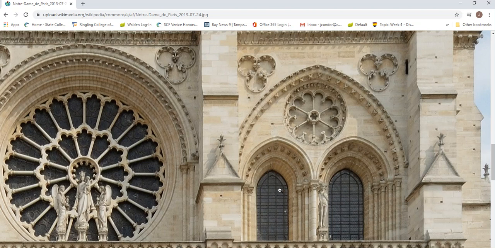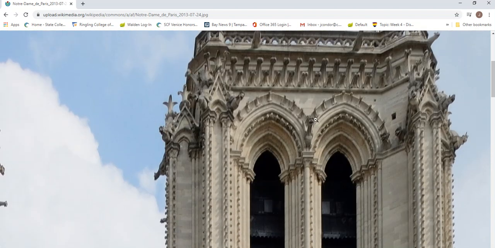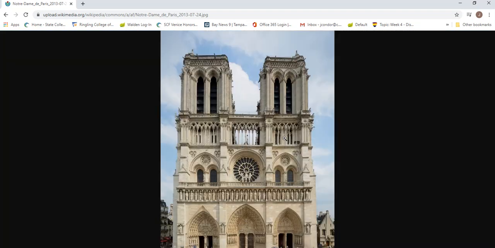Again, the stained glass windows are supported by these circular design patterns, and same with the trefoils and so on. Lots and lots of detail. If you ever get a chance to go into any of these churches or monasteries or basilicas, it's well worth it.